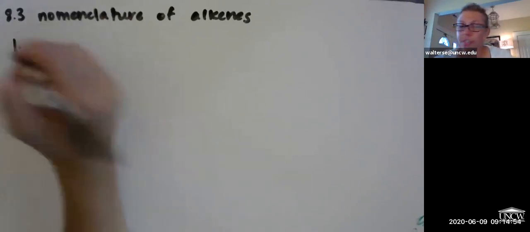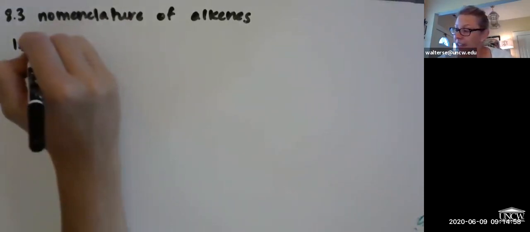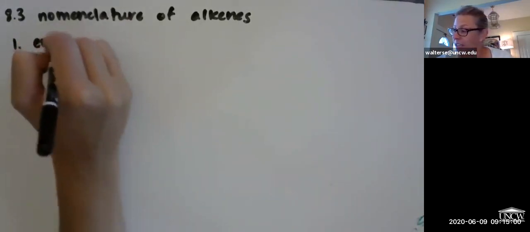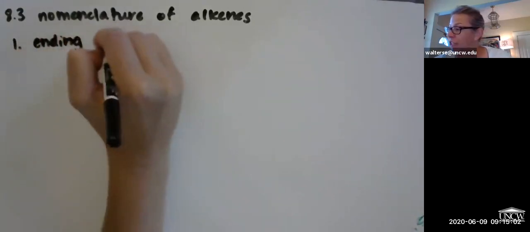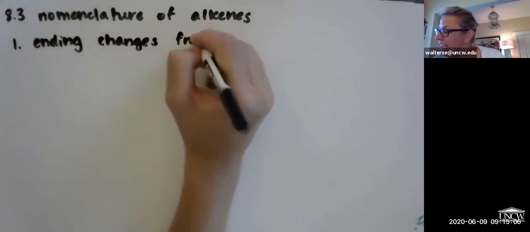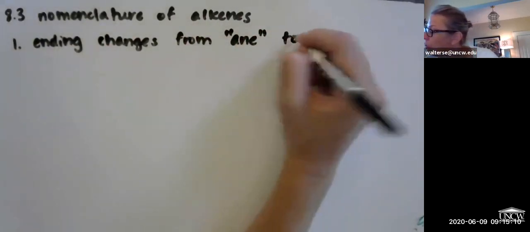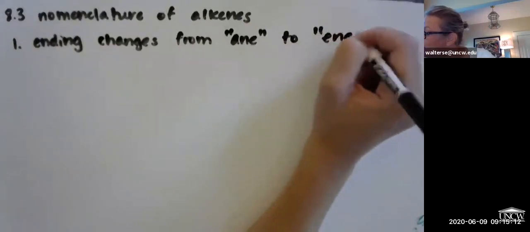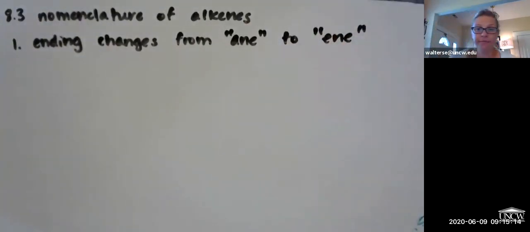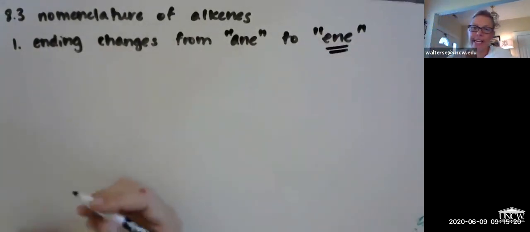The first amendment is that when you have an alkene, the ending changes from ANE for alkanes to ENE for alkenes. Okay. So this will be the last thing you write, ENE.